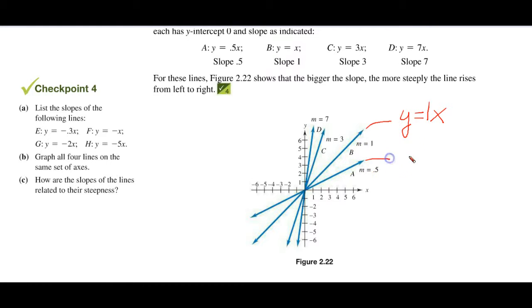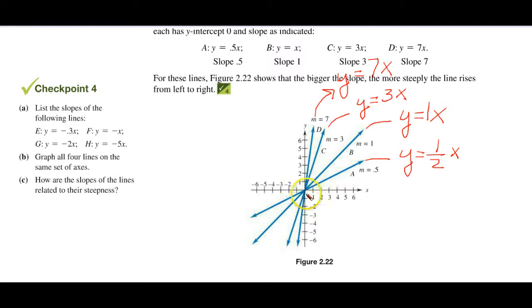This one, y equals, now our slope is 1/2 x. This line is y = 3x, and this line y = 7x.